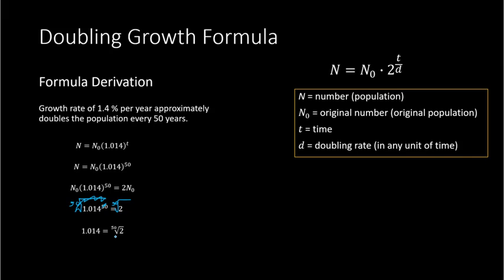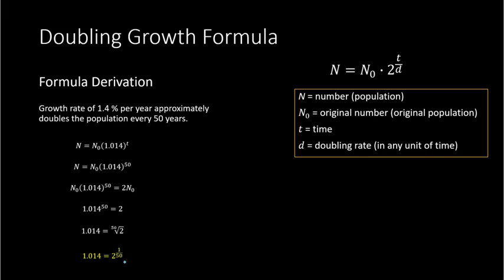Now remember, we can write radicals as an exponent, as 1 over 50. The exponent on the 2 is the numerator, and the index, the 50, is the denominator. So we can rewrite this as 1.014 equals 2 to the 1 over 50th power.